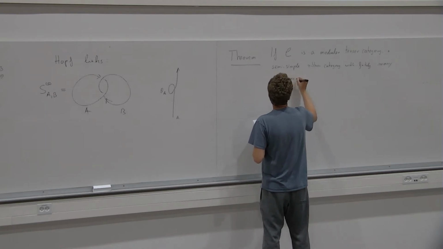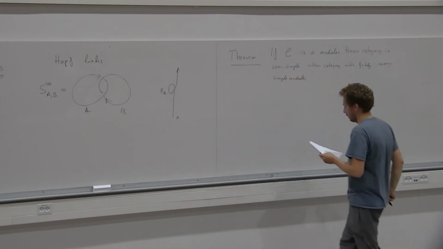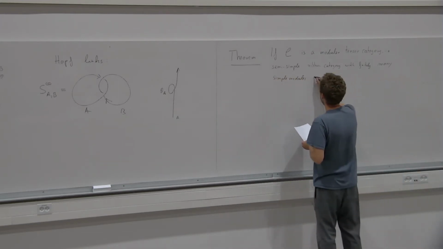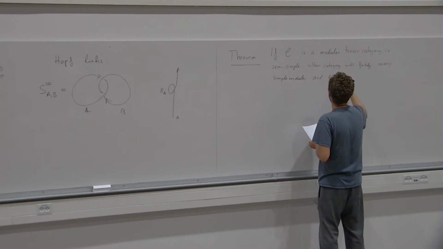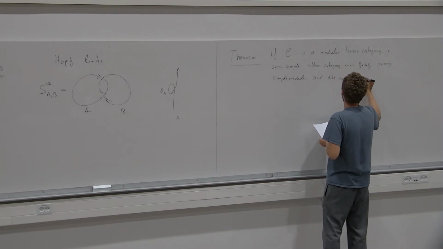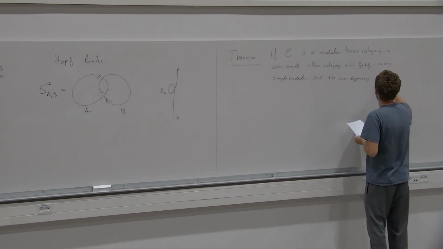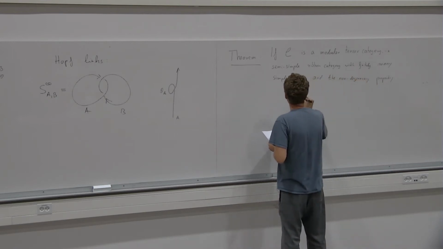I write finitely many simple modules, I mean isomorphism classes of simple modules. And one more property, the non-degeneracy property: that this Hopf link factorizes.